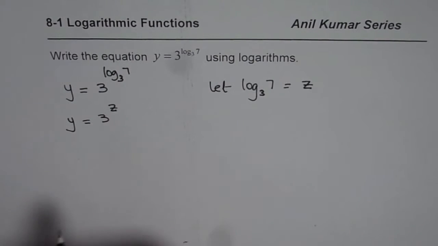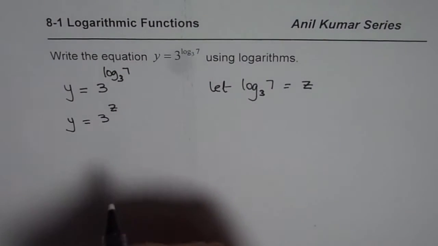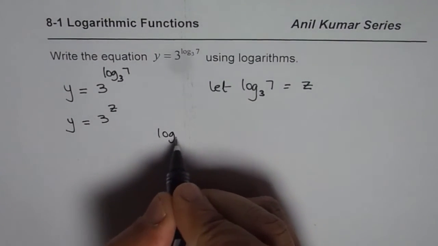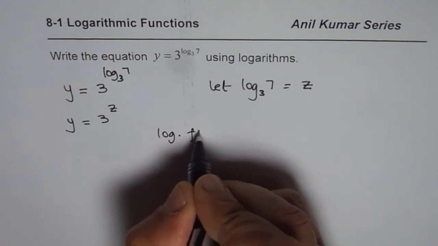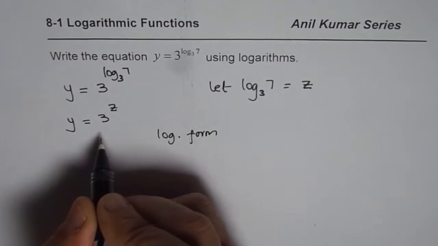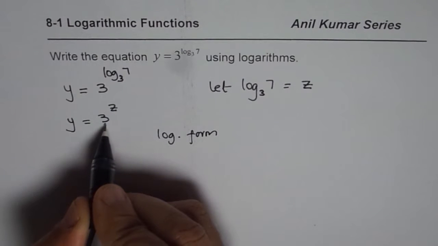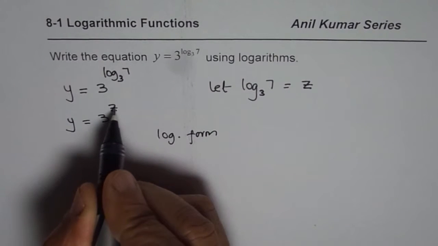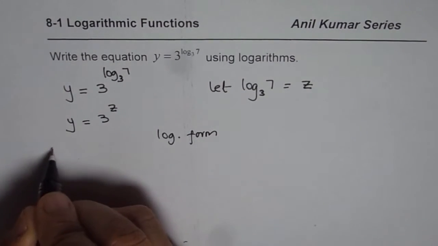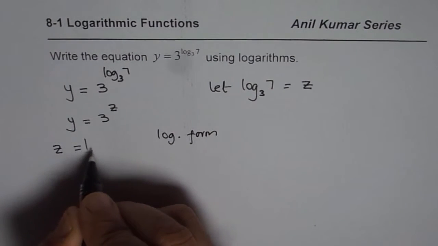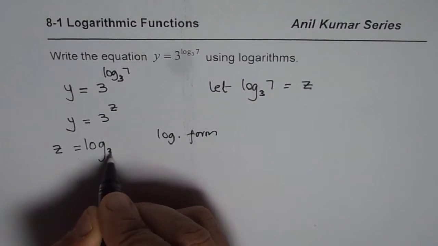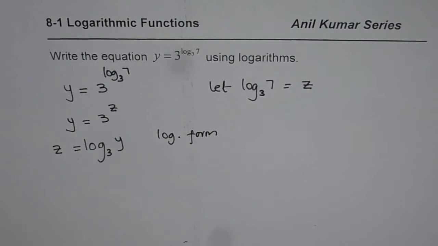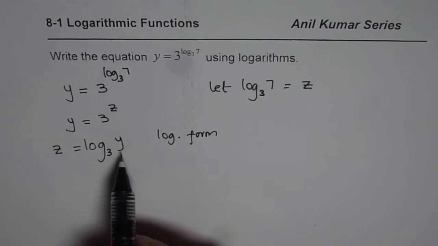Once I have this exponential equation, I can write it in logarithm form. So converting into log form, what do we get? The base is 3, and that z, so we get z equals log of base 3 of y. That is what we get.